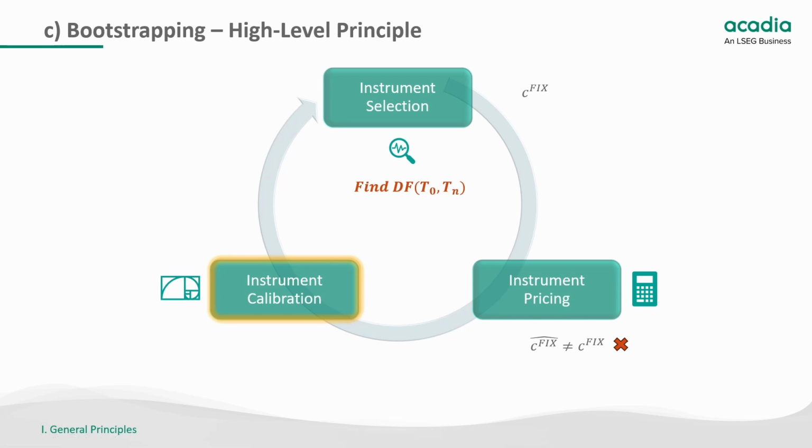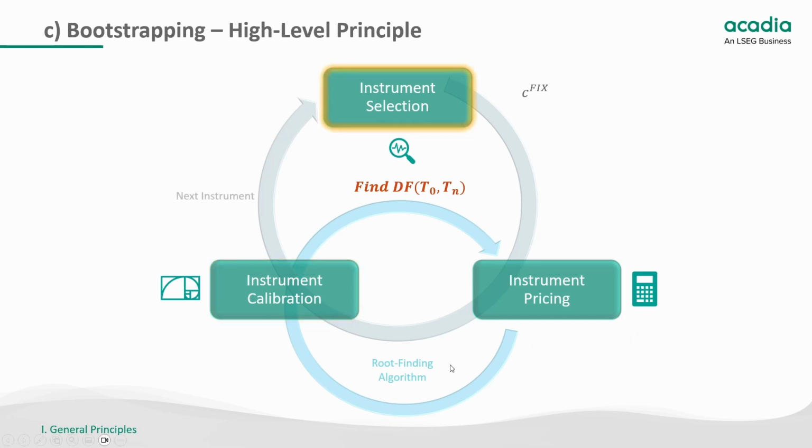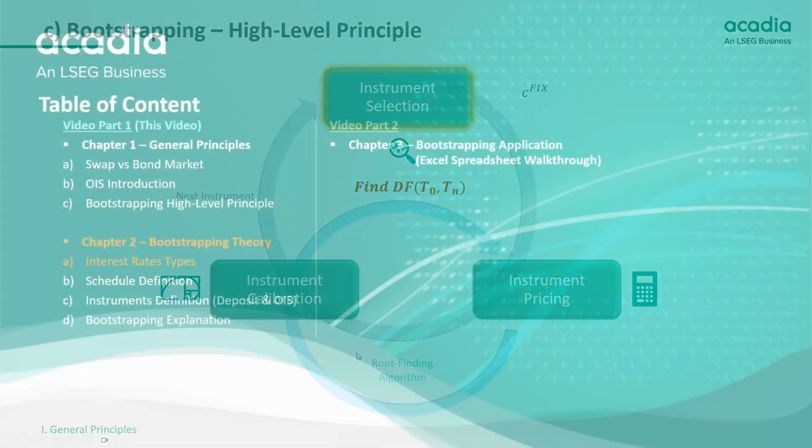But here we are mostly talking about the use of a root finding algorithm, which means we are going to change the value of the discount factor in an optimal way until the implied swap rate matches the market swap rate. Once an instrument is calibrated, we go to the next instrument, and so on, until we have the discount factor implied by each market quote.